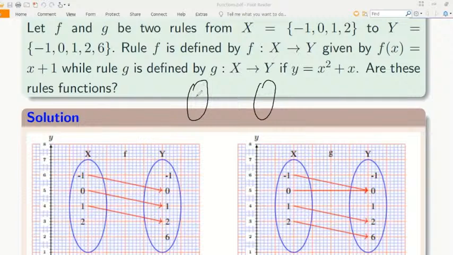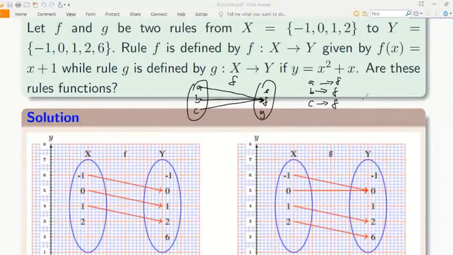Let me say this is A, B, C, and this is E, F, G. You can have a case where A is assigned to F, B is assigned to F, and C is assigned to F. This is still a function because A has one image, F. B has one image, F. C has one image, F. And that's what the definition insists, that every object must have one.